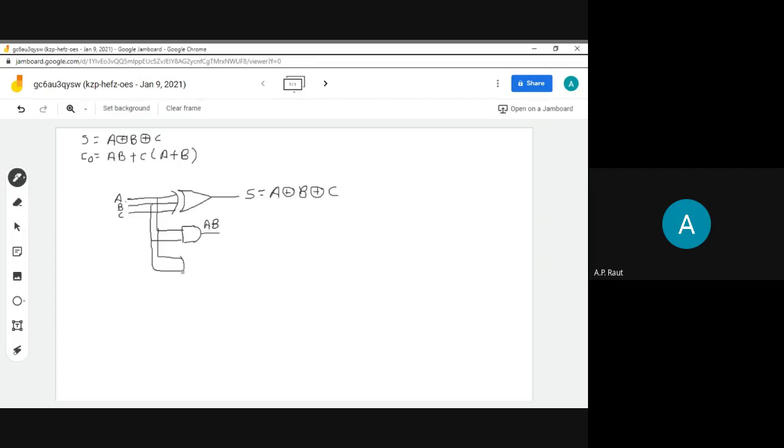OR gate. Draw the circuit for the OR gate, and the output is A plus B.